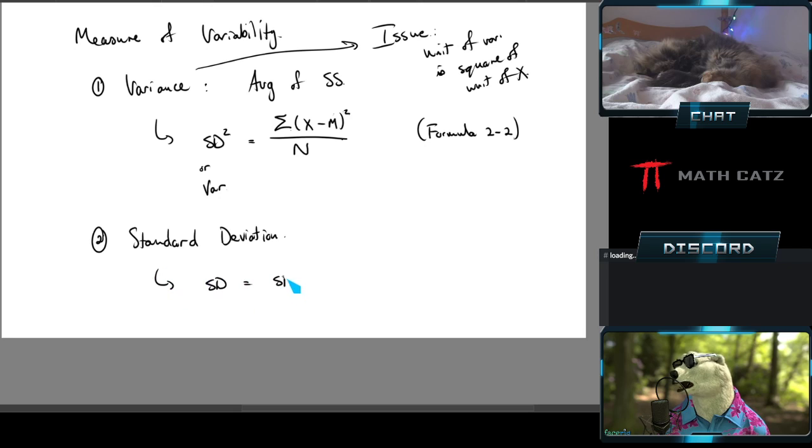It's simply going to be the variance square root, which is why we call the variance SD squared, because that is the relationship between the standard deviation and the variance. The standard deviation is the square root of the variance, or the variance is the square of the standard deviation. Now this guy has the same units as x.